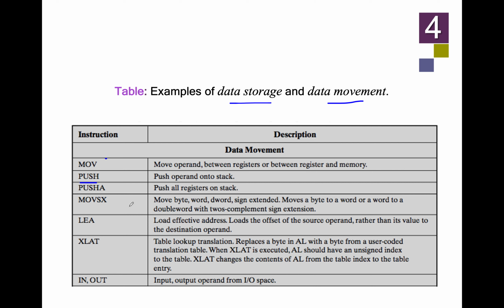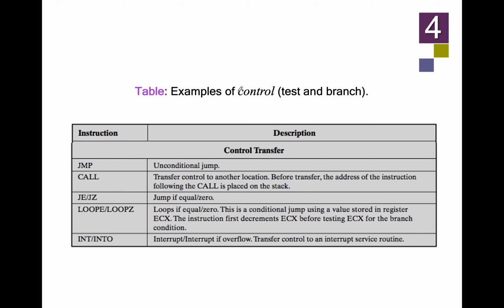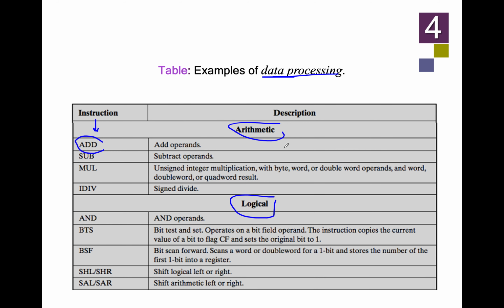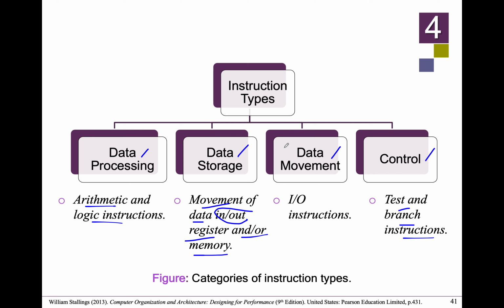Maybe you can try to find out what other opcodes are available. Lastly, you have the control, which is under test and branch. You have a jump, you have a call, and all others under your control transfer process. That is all four types of your instructions.